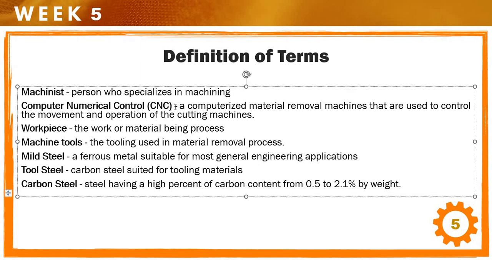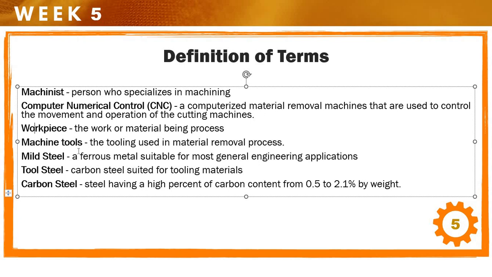This is the term that I always mention to you when I'm discussing automated industrial processes, because this machine utilizes a computerized process. It is a computerized material removal machine used to control the movement and operation of the cutting machines. So you need only to program it for it to work by itself.